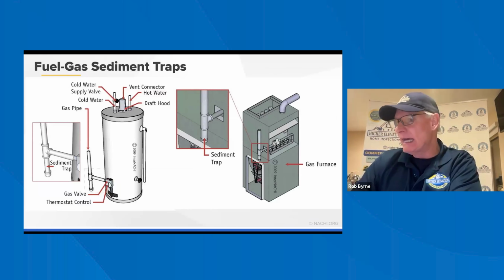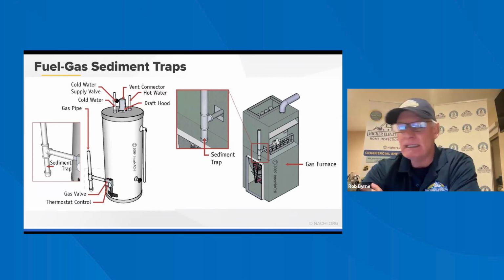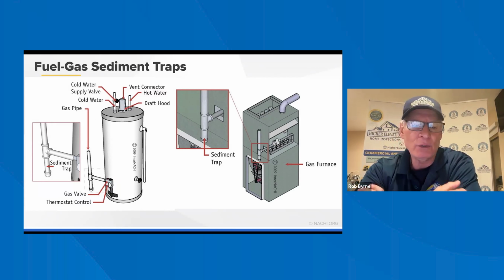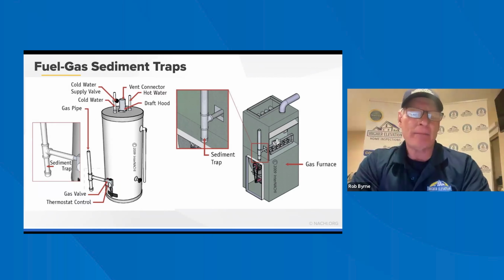Fuel gas sediment traps. So basically, what happens is sometimes there's debris and sediment in the gas. So what you want to do is see that sediment trap at the T feeding the regulator on the gas pipe.